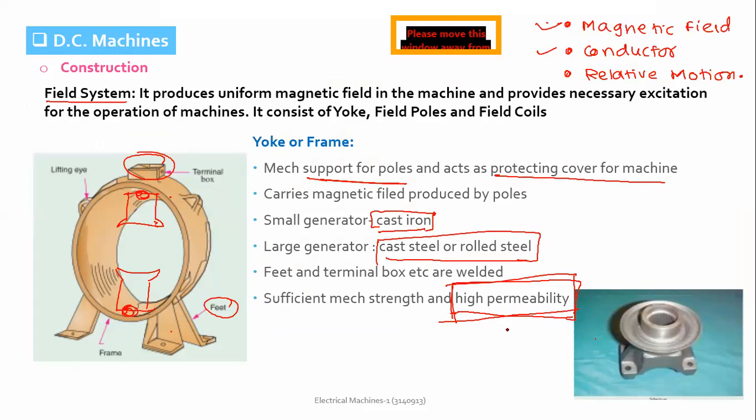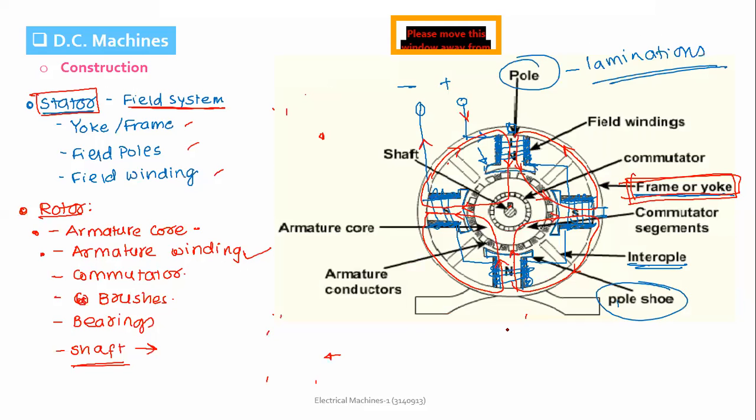Is it clear? Why the core frame or yoke has to be made with high permeability? Because it is also a part of the magnetic circuit here in the machine. Okay, and this is the stator. Here we have completed the stator part of the machine.